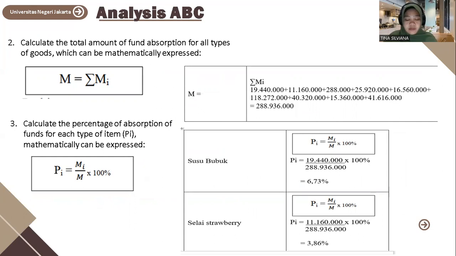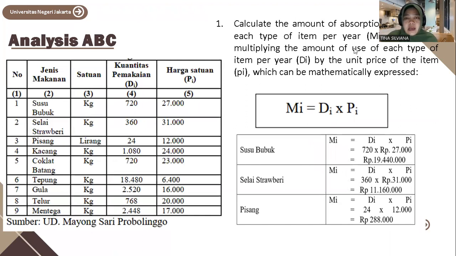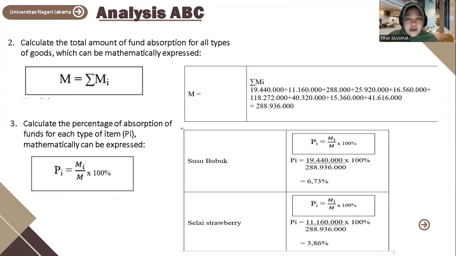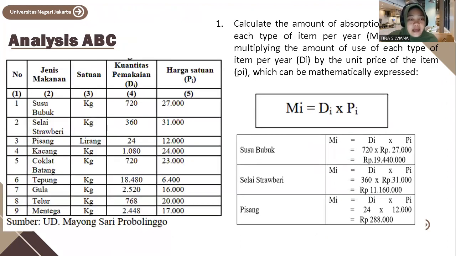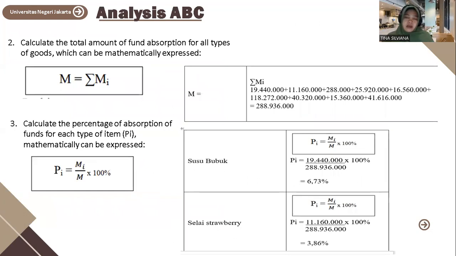For example, the MI for the milk powder plus strawberry jam plus banana plus chocolate bar plus nuts plus flour plus sugar plus egg plus butter equals 288,936,000 rupiah.